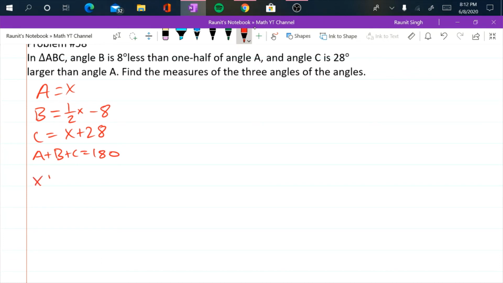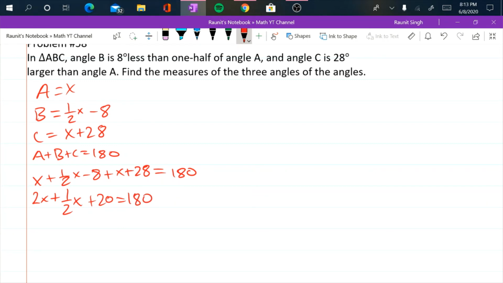So X plus 1/2 X minus 8 plus x plus 28 is equal to 180. Now we are going to solve for x. Since 28 minus 8 is equal to 20, we can simplify that right away. And then we have 2x plus 1/2 x plus 20 is equal to 180.